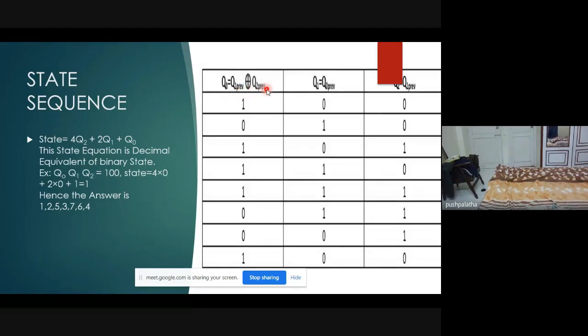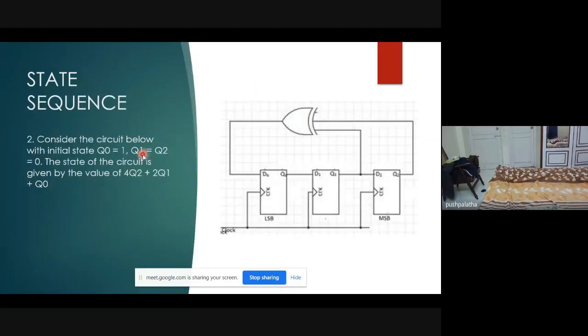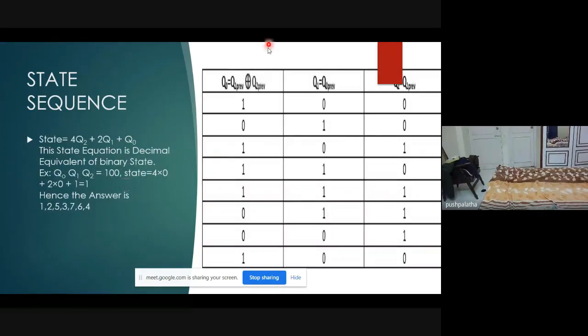That is what I told you in the previous slide, right? Q1 previous value and Q2 previous value, which we have taken as 0. Initial condition we have taken as 0. And what is your Q1 value? Q1 equal to Q naught previous value, and your Q2 equal to Q1 previous value.